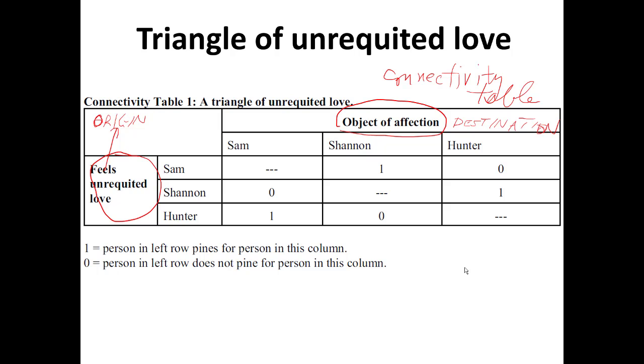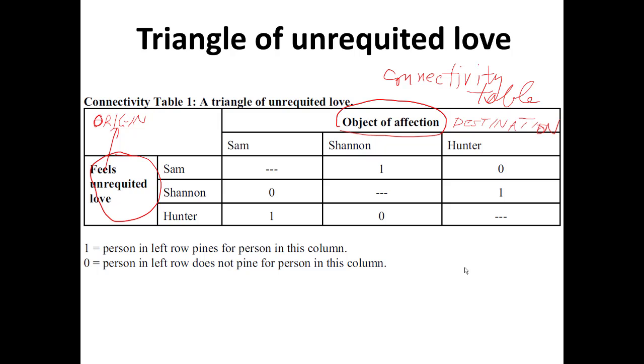It's not directed at yourself. You cannot romantically love yourself. Get your mind out of the gutter. All right. So Sam can't like himself romantically. Shannon likewise can't like his or herself romantically, and Hunter also can't like him or herself romantically.